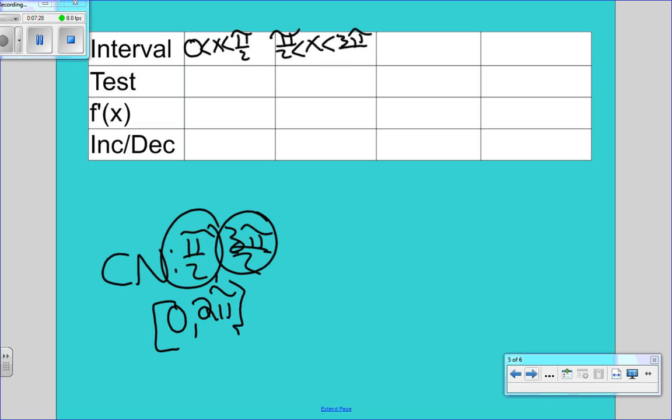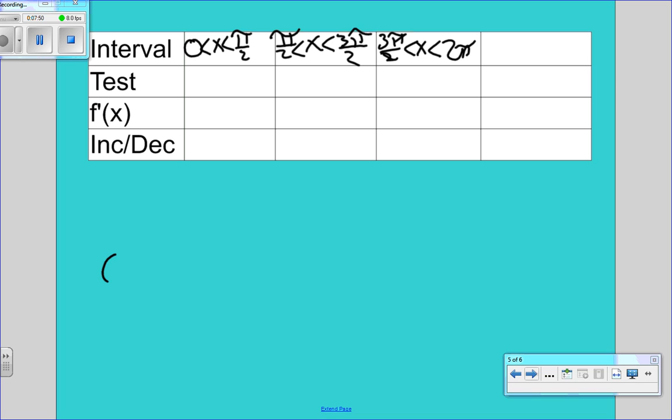Finally, it's going to be 3 pi over 2 is less than x is less than, and remember, closed interval, so it's 2 pi. In non-trigonometric problems, you're probably not going to have a closed interval very often, but you might, you never know.